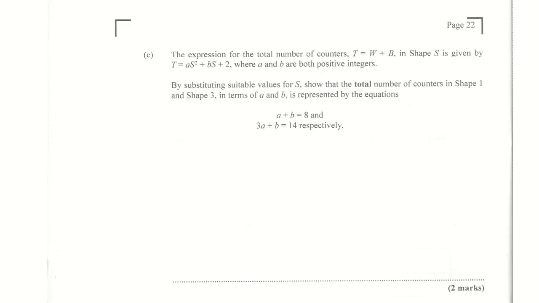By substituting suitable values for s, show that the total number of counters for shape 1 and shape 3 is this. So s is your shape number, right? So we're looking at shape 1, when s is equal to 1.